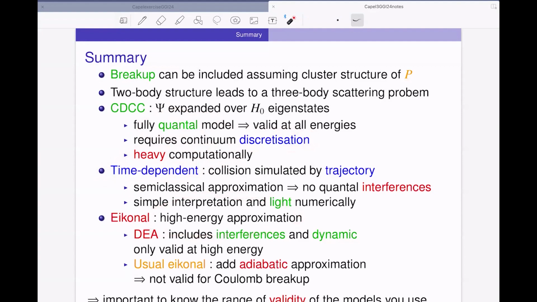There is no free lunch. You gain something, but you lose something when you do these approximations. So the important message here is know the range of validity of your model before you try to extract anything from the data. And tomorrow we'll see more about what we can actually infer from the data. And I think I will stop here.